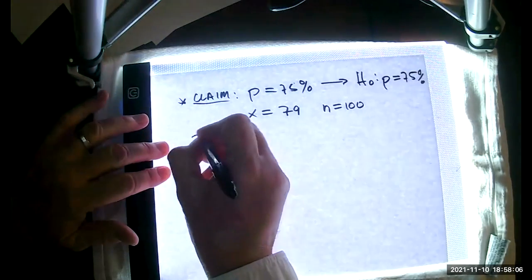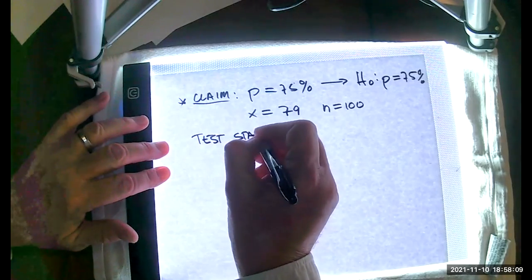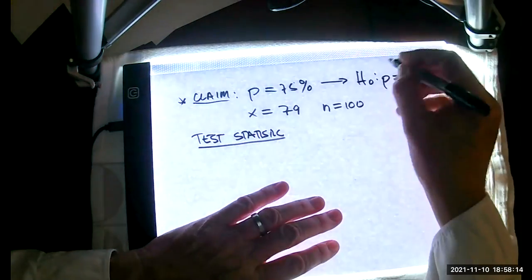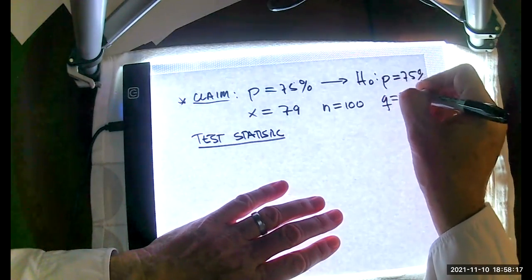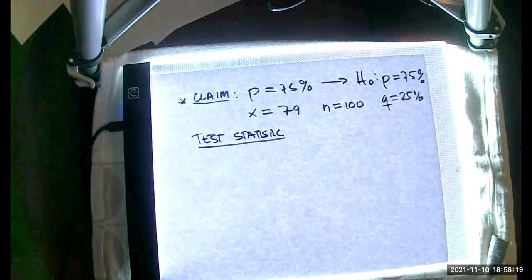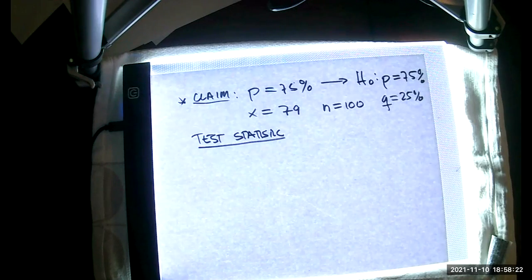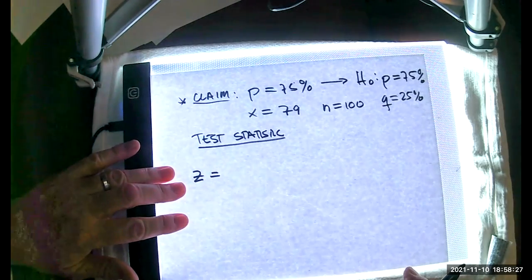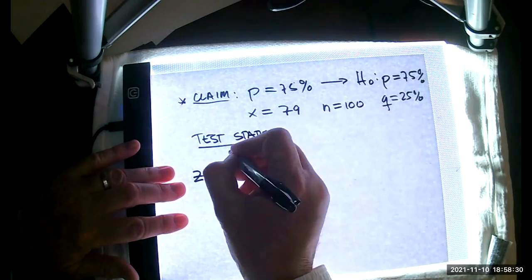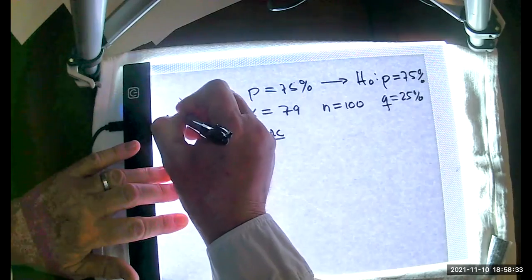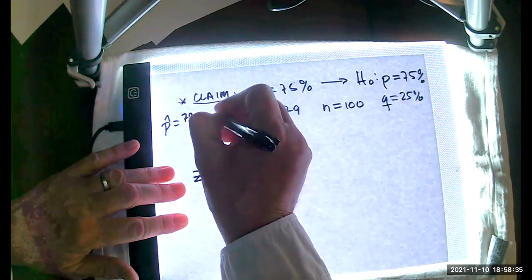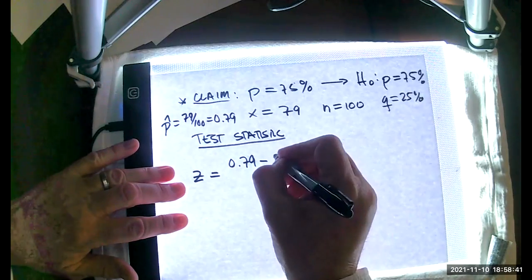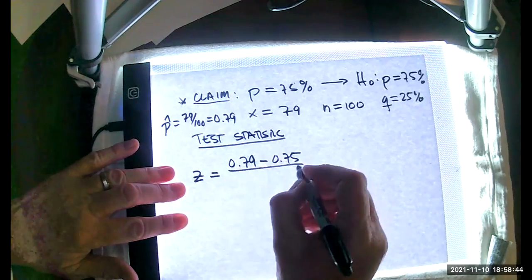So if I want to find the test statistic, I can use the formula. By the way, if p is equal to 75%, q is equal to 25%, because those two have to sum to 1 or 100%. So my test statistic, Z, is equal to p-hat, 79 out of 100, 0.79, minus 0.75, that's p.